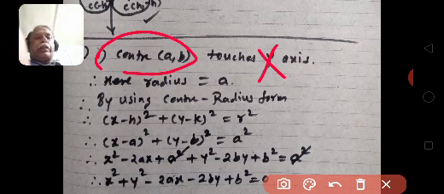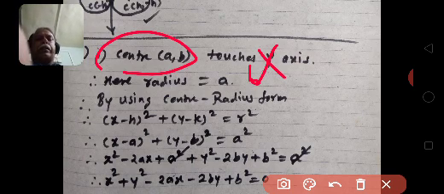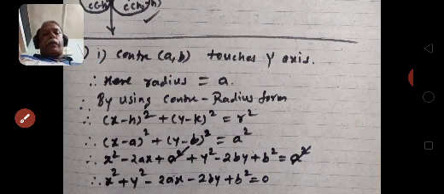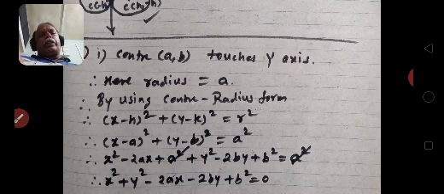Same process. Now here the radius becomes b. Apply the same center radius form and you will get the equation of the circle. That means if you know the right format or right formula, if you know the procedure for each part, then you can easily solve that particular question.